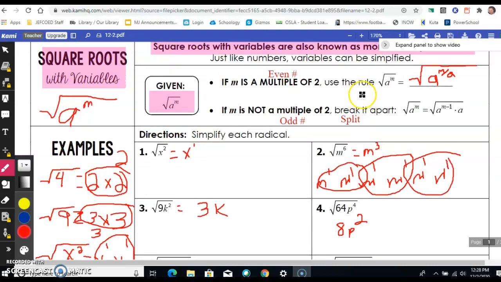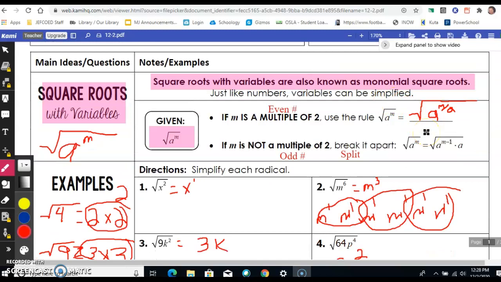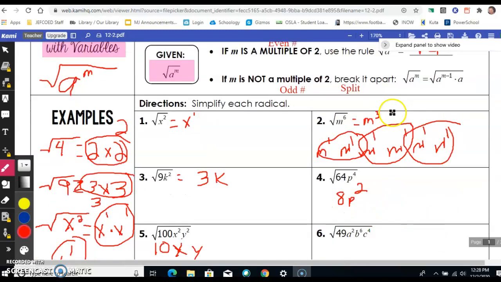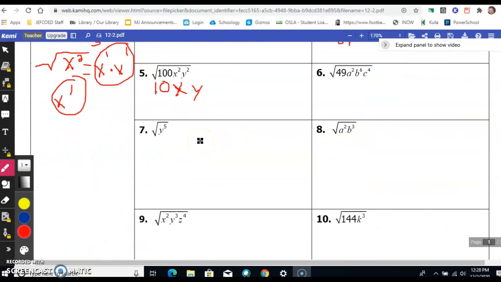Now, earlier when we talked about the rule of the formula, subtract 1, we're going to take one of these y's away. So we're simply going to have the square root of y to the 4th, times the square root of y to the 1st.